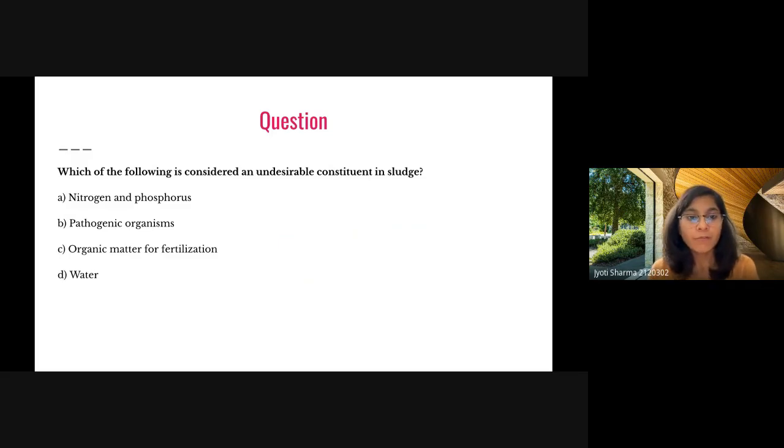Next question is, which of the following is considered an undesirable constituent in sludge? Nitrogen and phosphorus, pathogenic organisms, organic matter for fertilization, and water. I think you can easily tell me the odd one out.